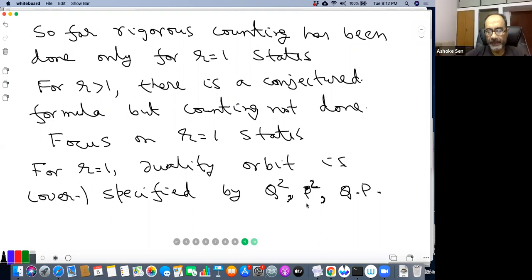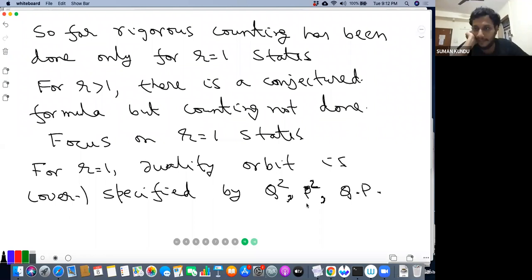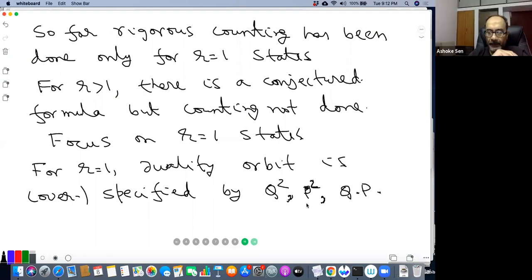Yeah, let me put it this way: suppose that you have two vectors, Q, P and Q prime, P prime, and both have R equal to 1. Then if Q square, P square, and Q dot P are equal to Q prime square, P prime square, and Q prime dot P prime, they are necessarily connected by duality transformation, and hence they have the same B6. So that's the statement.